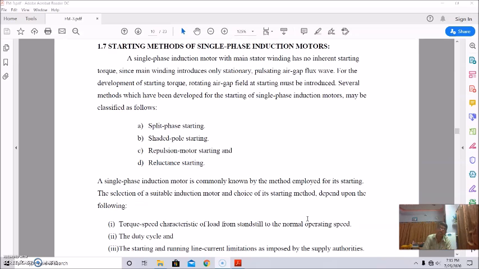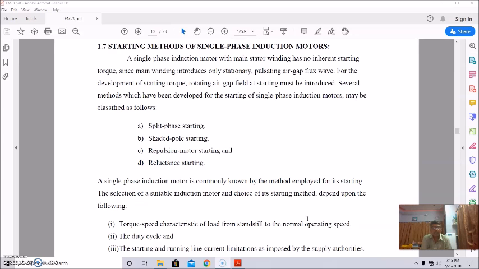There are several methods developed for starting a single phase induction motor, classified as split phase starting, shaded pole starting, repulsion motor starting, and reluctance starting.